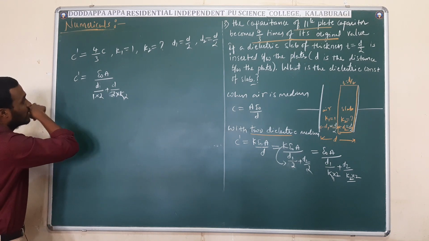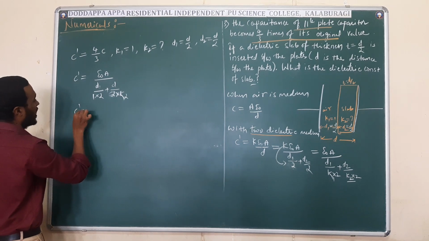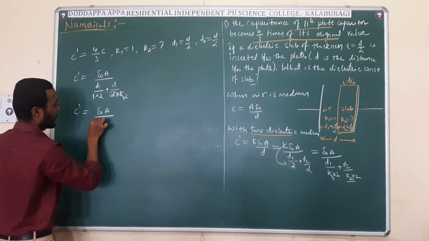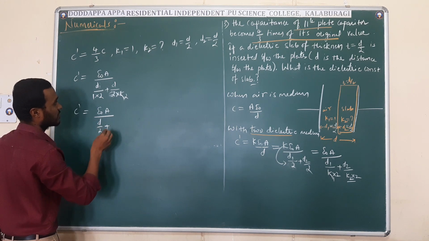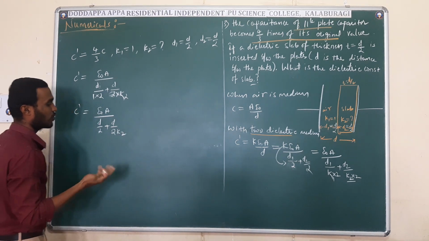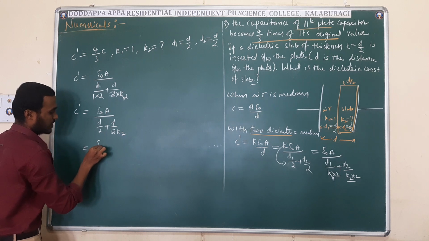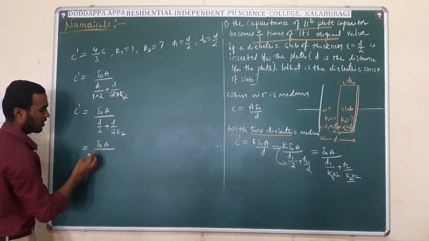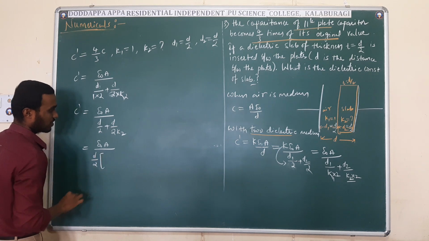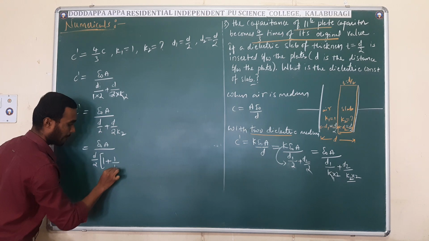Let us simplify here. C dash is equal to epsilon A divided by D by 2 plus D divided by 2 K2. Taking D by 2 common, remaining is 1 plus 1 divided by K2.